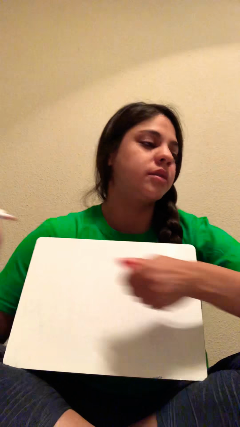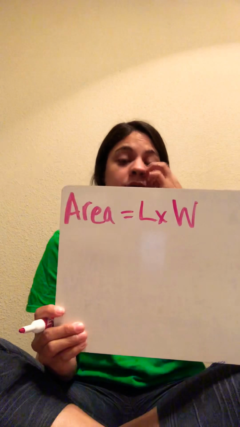Area is all about the inside. Okay? Area. You know area equals length times width. That is the formula for area. Now, usually words associated with this is the inside. And I'm going to do it really, really big so that you remember this. The inside. Alright?